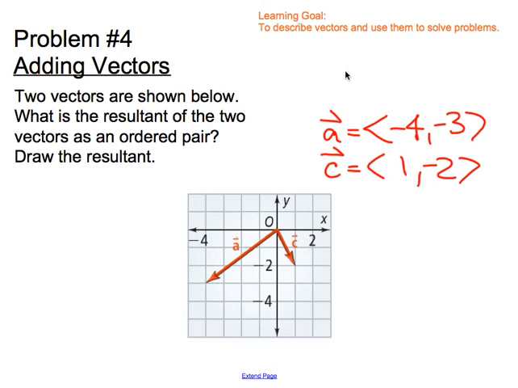So as an ordered pair, we want to take the -4 plus 1, which will give us -3. And -3 minus 2 gives us -5. So in this case, the resultant vector is the vector that starts at the origin and goes to -3, -5.